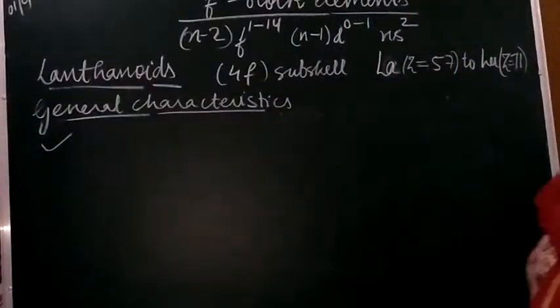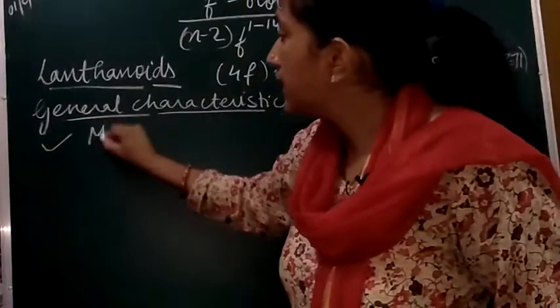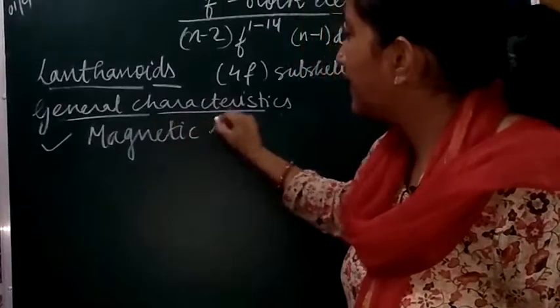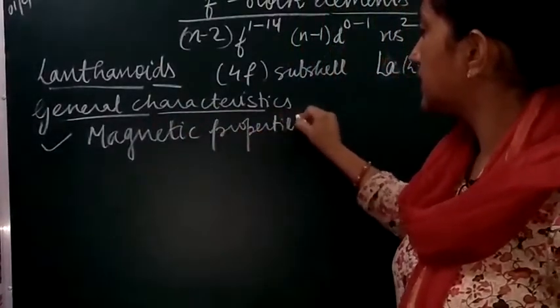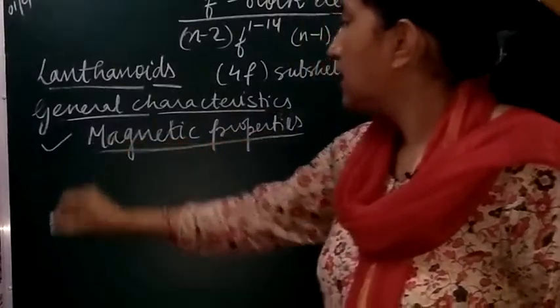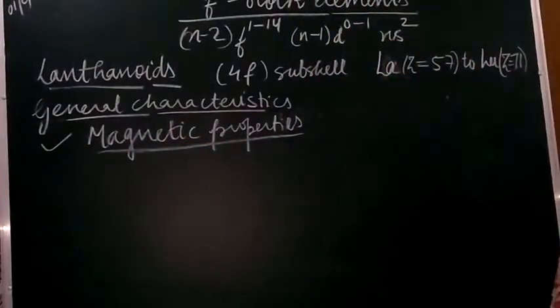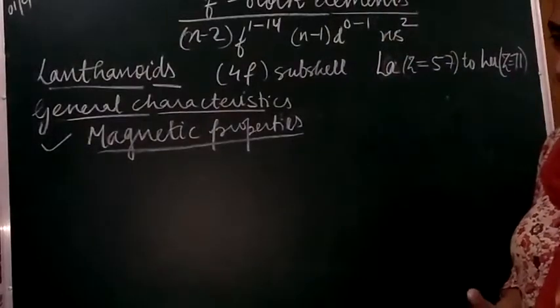Now, students, the next property is the magnetic properties. The magnetic properties of the lanthanoids are attributed to the electronic configuration of their f subshell.